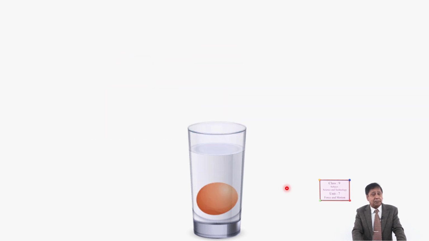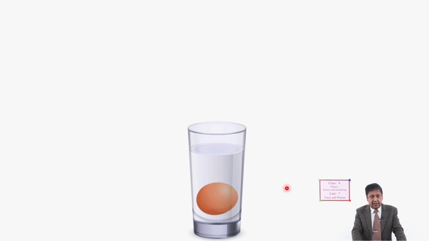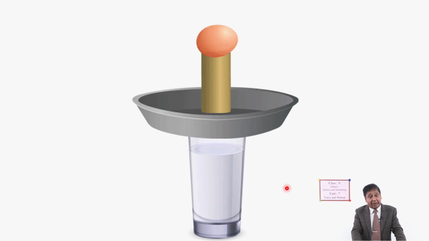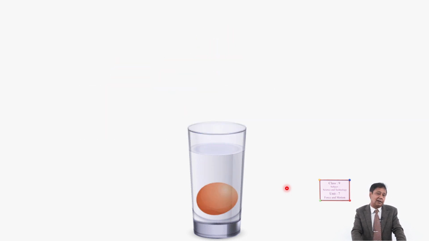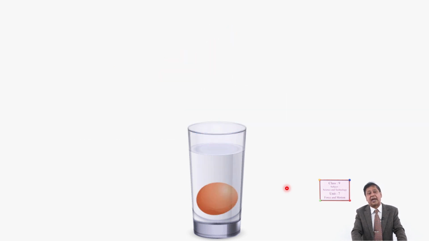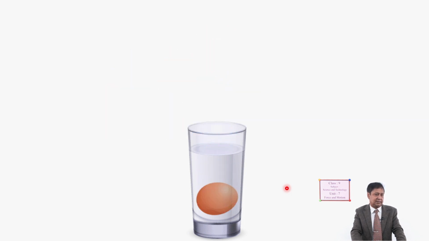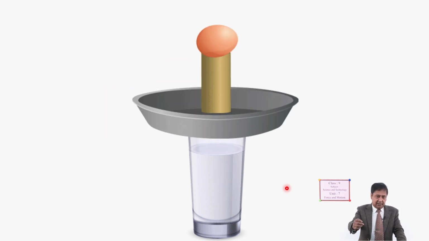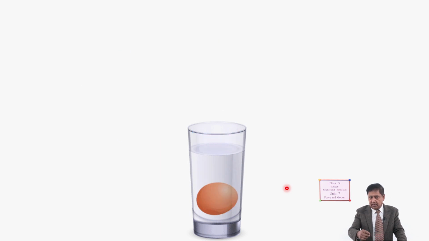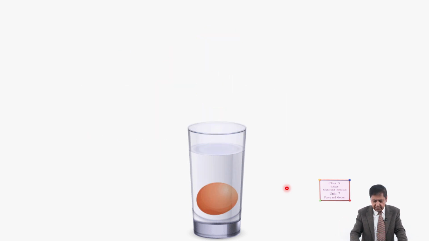This is a glass partially filled with water. Above the glass there is a plate and a cylindrical object is placed over it, and at the top we have an egg. And if we pull that plate very fast, I mean to say, if we jerk that plate to pull it out, then what is seen?